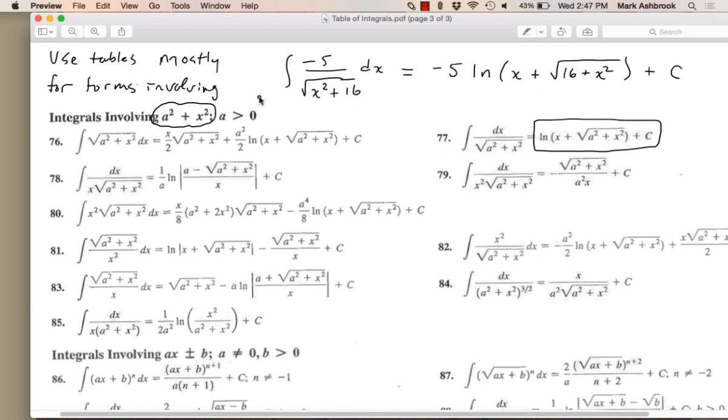So those will be the most common ones we'll use it for. But that's not to say that there might not be other possibilities like ax plus or minus b or something like that. So that's 1, then 2, x squared minus a squared, and 3, a squared minus x squared.